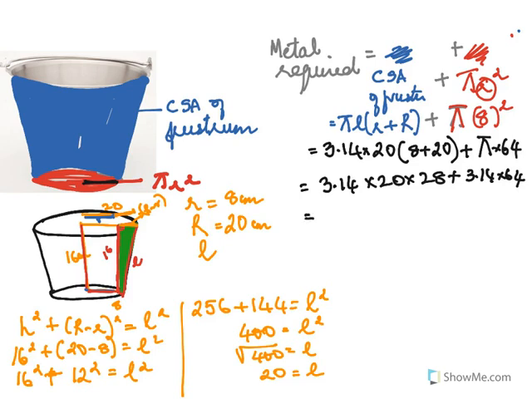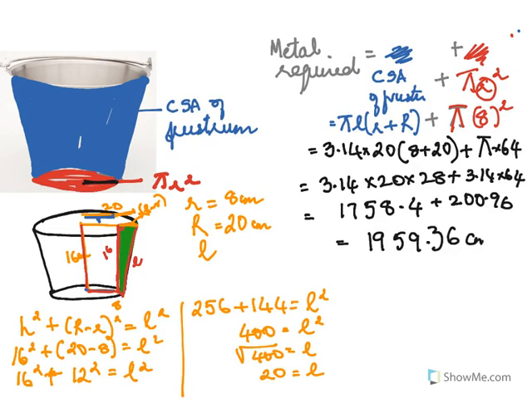You go ahead with this calculation, you'll get 1758.4 plus 200.96, and this all adds up to 1959.36 centimeters square. This is the area required.